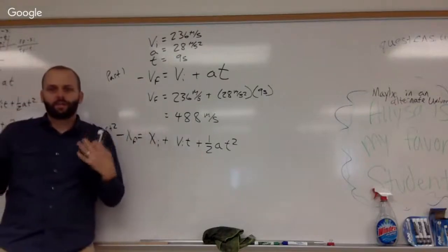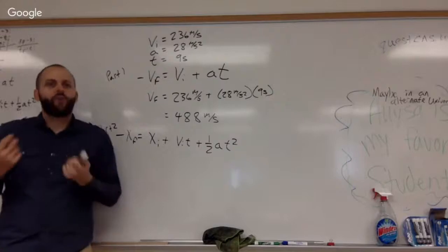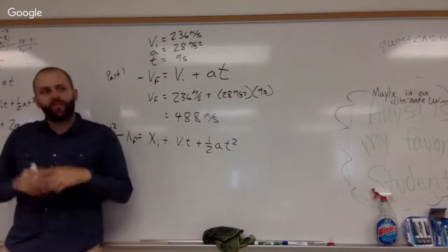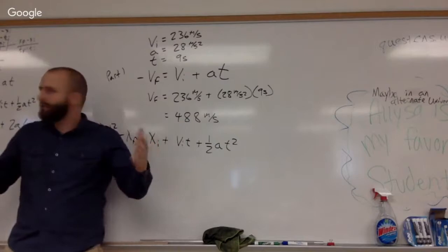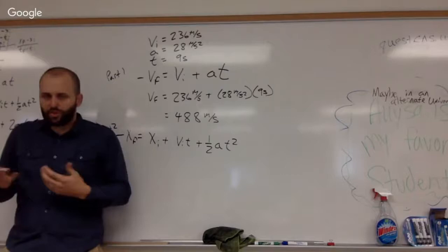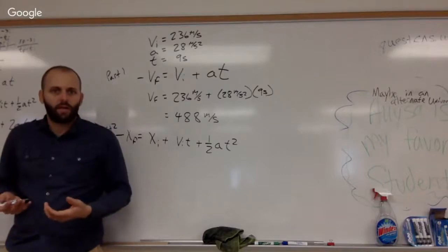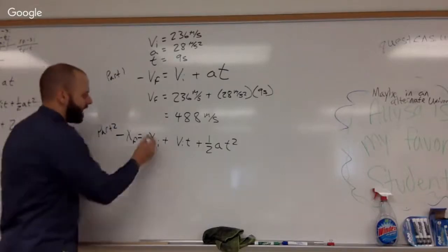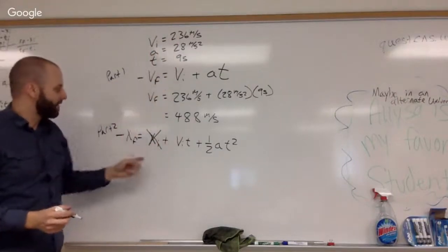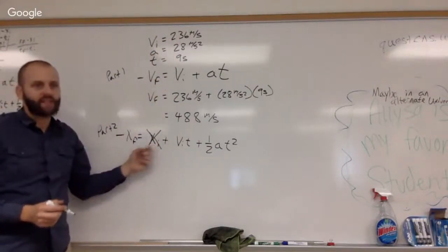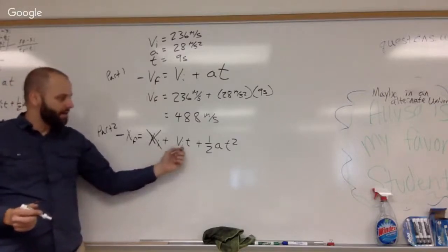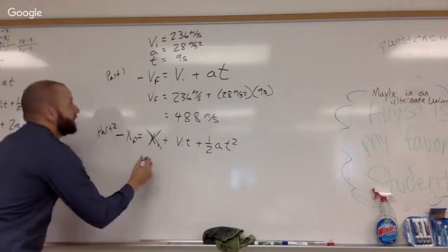He said the initial displacement is 0. Well, if you look at your problem, it does not tell you that you started at this measurement. It doesn't tell you 0, so the initial displacement goes away. A lot of people have been plugging in their velocity there, and it's not. That's an xi. That's not a vi. The vi goes there.